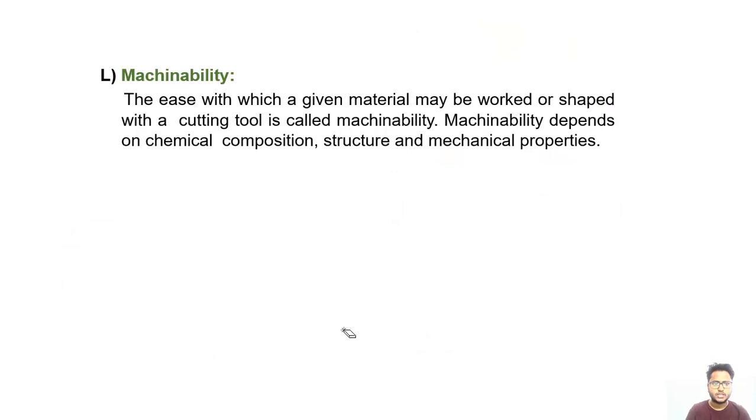Next is machinability: the ease with which a given material may be worked or shaped with a cutting tool. So remember this cutting tool. If we can work on the material with a cutting tool very easily, then the material is known as having very good machinability. Machinability depends on the chemical composition, structure, and mechanical properties.